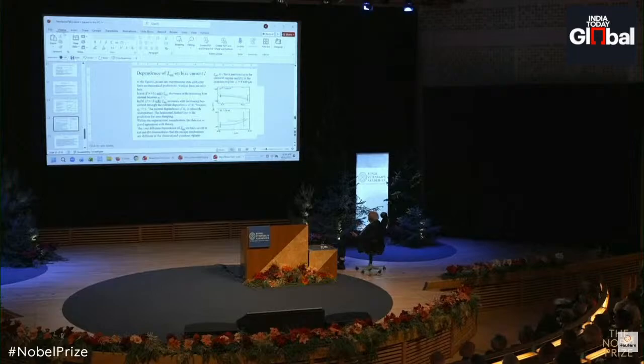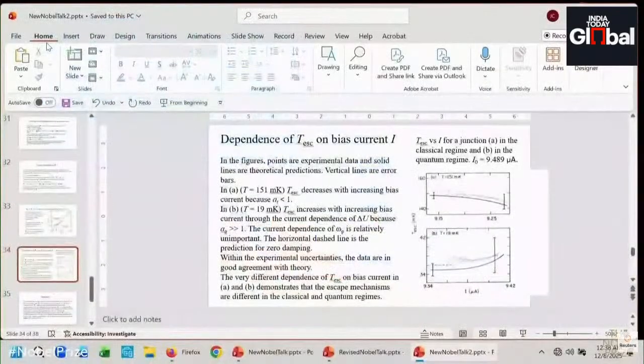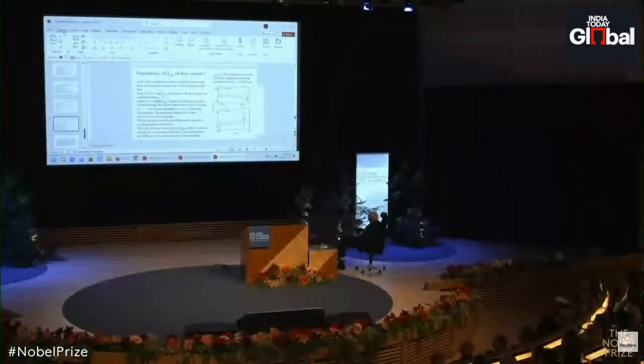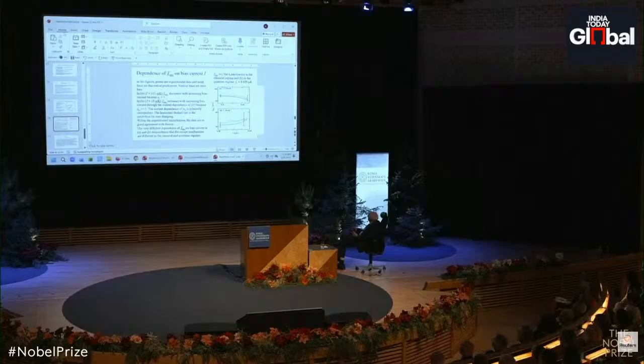What we finally wanted to end up with is the dependence of the escape temperature on the bias current I. And I show the results here at two different temperatures. In the upper figure A, at 151 millikelvin, we're in the classical regime, and T escape decreases with increasing bias current.